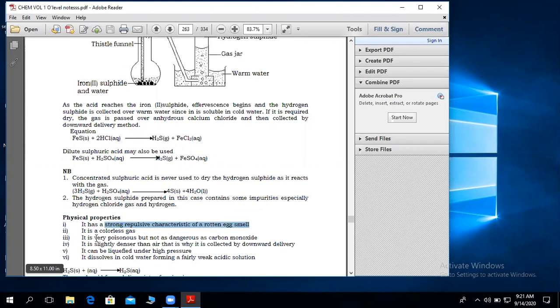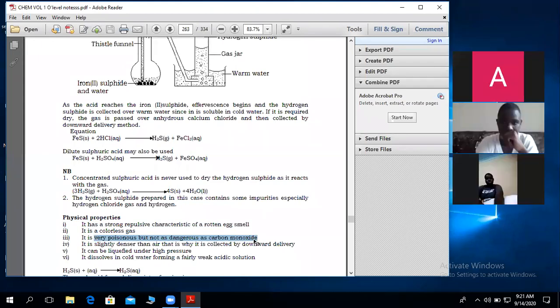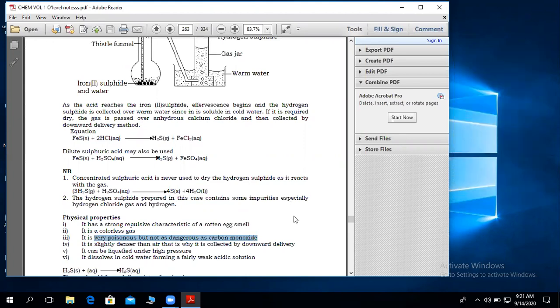It is very poisonous. We have talked about that, but not as dangerous as carbon monoxide. You remember I told you the other poisonous gas is carbon monoxide. I think I'm the one who taught you carbon and its compounds, and I remember telling you about carbon monoxide that should not be prepared in poorly ventilated rooms. Try to remember.